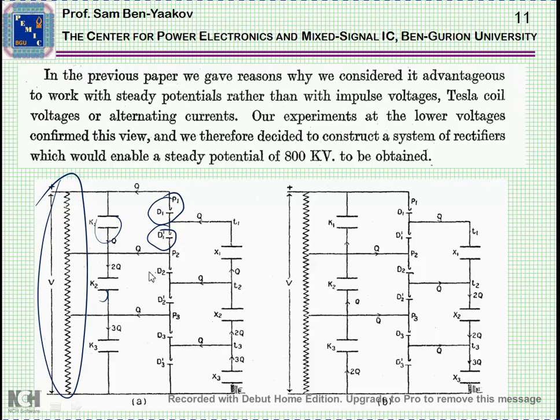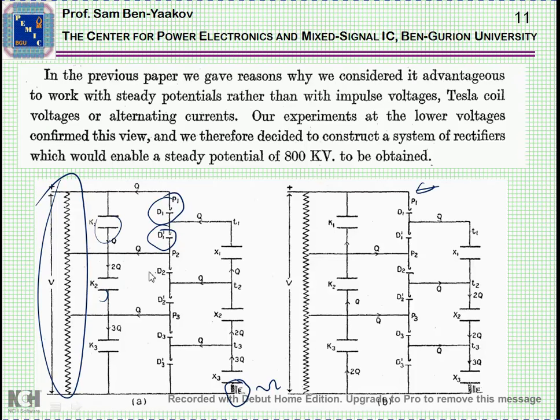Well, I guess they forgot to put the excitation, so it was put in at the last minute. This is the excitation. This is the AC source. This actually explains how the circuit works, and indeed, they aimed at 1 million volt total output voltage.